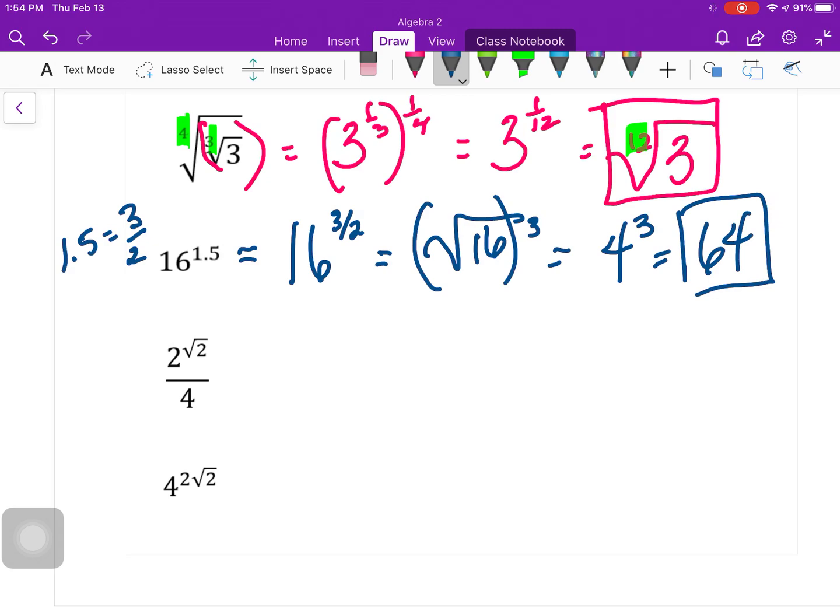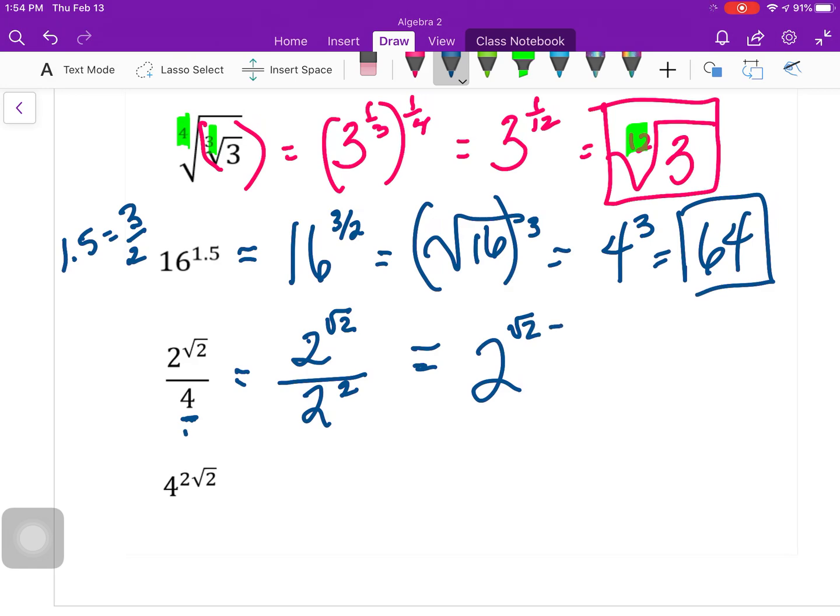Now the next one is not simplified because I can write it in a smaller base. I can rewrite 4 as base 2. So the numerator is already base 2. So 2 to the square root 2, and 4 would be 2 squared. Now my base is 2, and when I divide, I subtract.